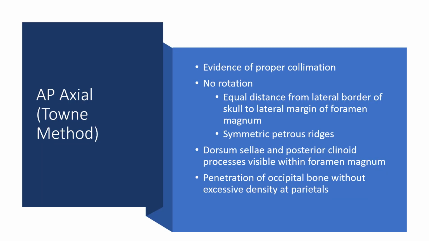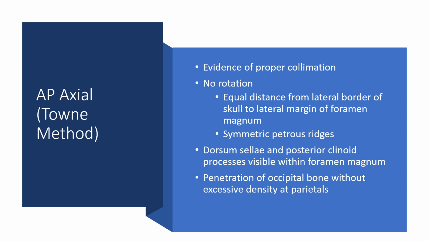All right, so how do we evaluate our Townes projection? This would have been helpful if it had followed the radiographic example, but we don't want rotation. Now, we should see a distance, or thickness, of space between the lateral border of the skull and the lateral margin of the foramen magnum.